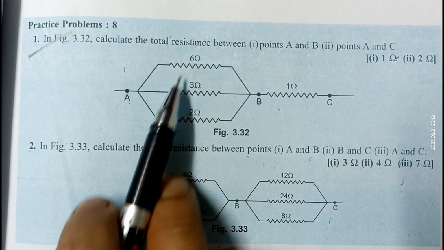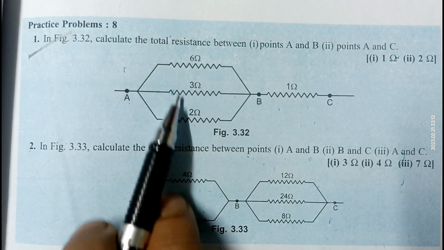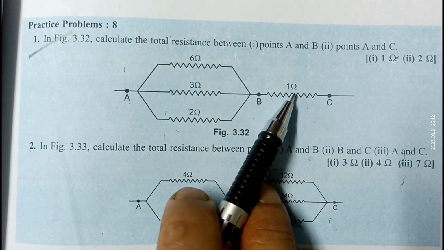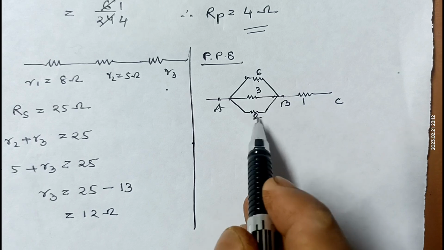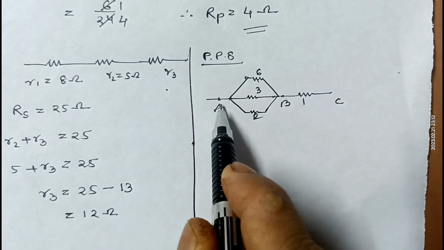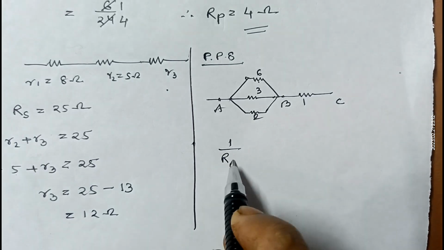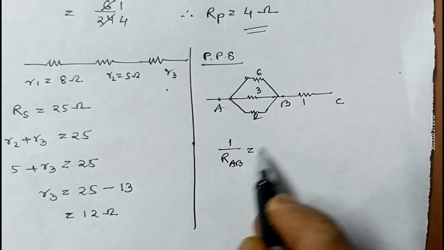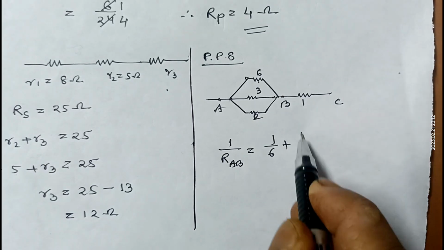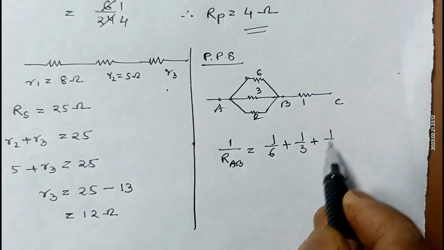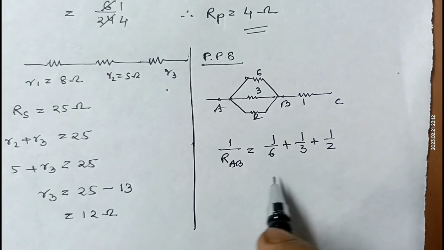After calculating the overall resistance from these three, that resistance will be in series with this one. Here these three resistances are in parallel. So resistance between A and B, that is 1 by RAB, will be 1 by 6 plus 1 by 3 plus 1 by 2, because these resistances are in parallel.